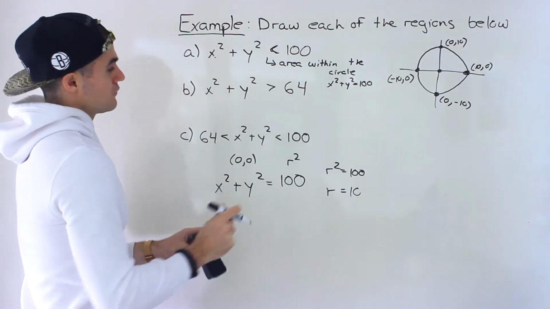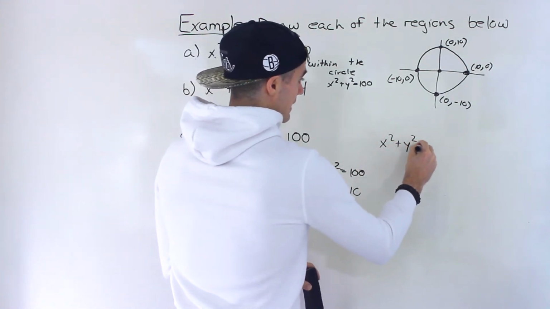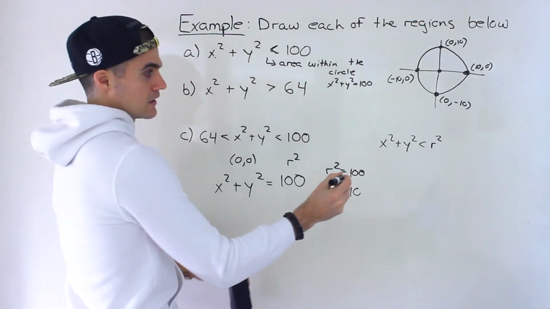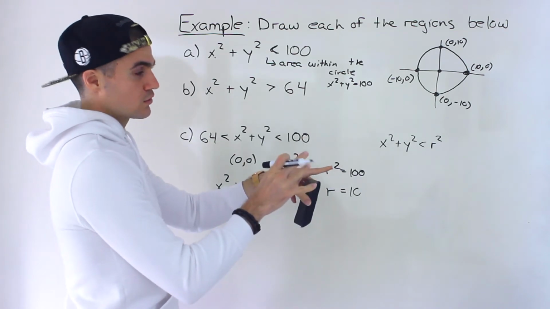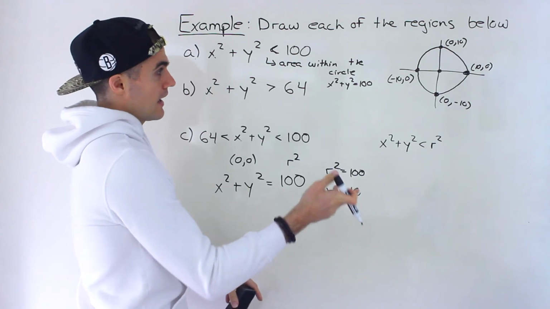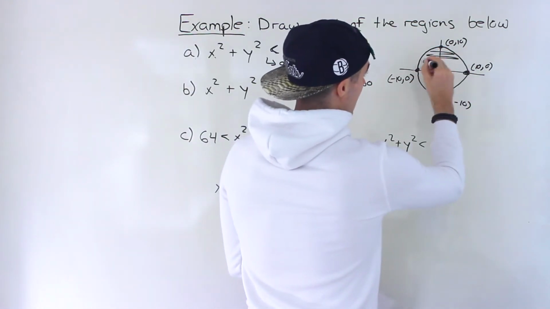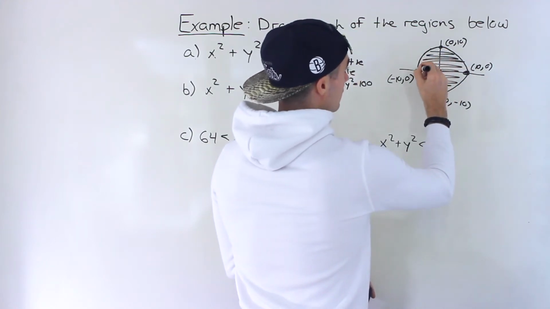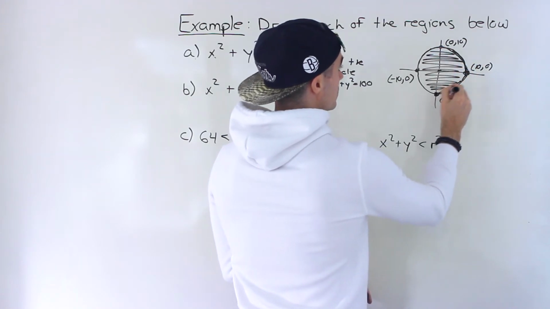In general, whenever you have x squared plus y squared is less than r squared, it's the area within the circle x squared plus y squared is equal to r squared. If we draw it in, it's basically going to be this area over here, not including the circle, not including any of the points on the circle.